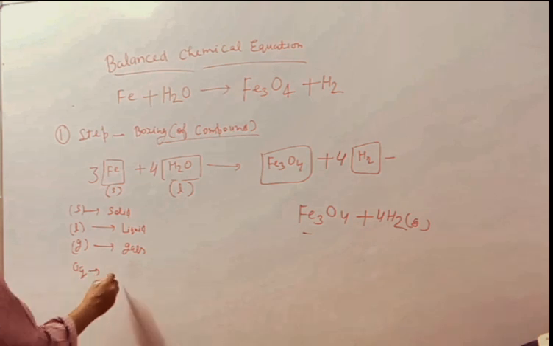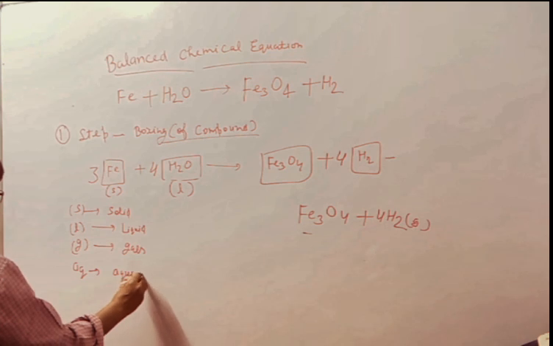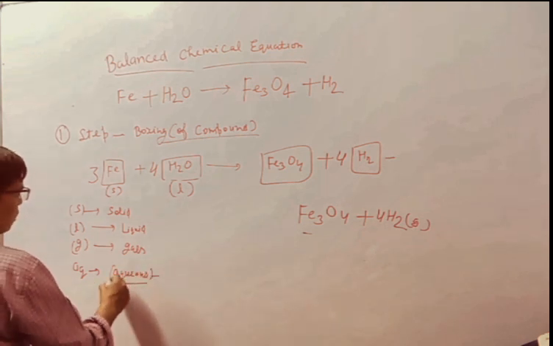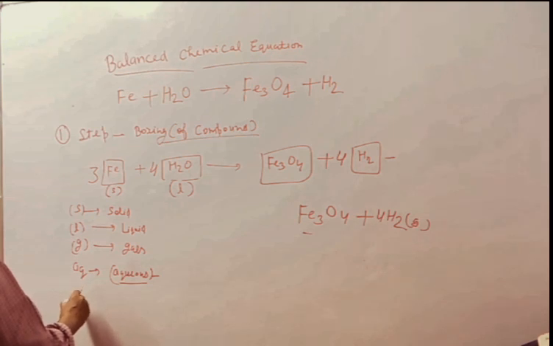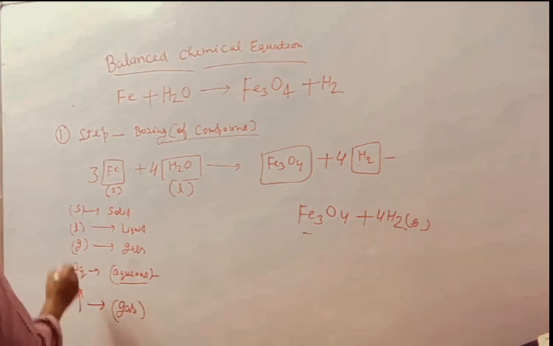aq means aqueous, means the solutions are prepared or reactions are performed in the aqueous, means water medium. And also if the arrow is given, at upside arrow, it shows the gas is released.